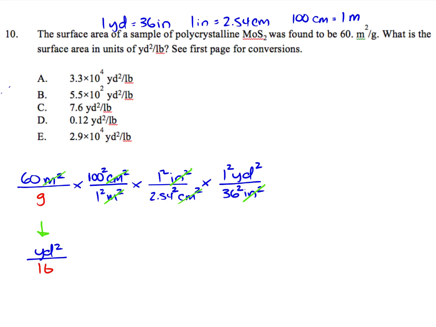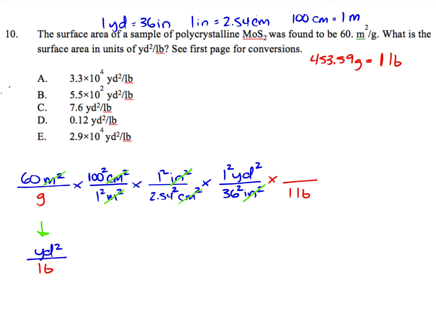And on the front page of the exam, you'll find the conversion: 453.59 grams is equal to 1 pound. So let's use this one. Okay, we want pounds at the bottom of our final number, so put that on the denominator of your conversion.